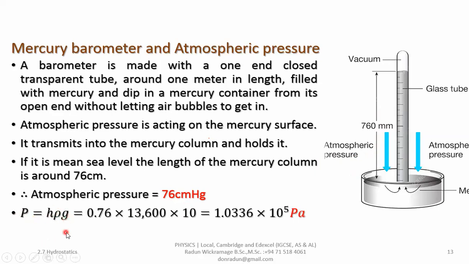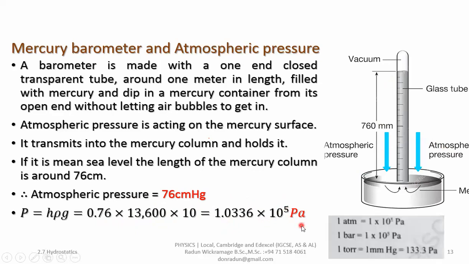We can calculate the pressure with the help of our equation, P = hρg. The height can be taken in meters as 0.76, the density of mercury as 13,600, and the gravitational acceleration as g. It will sum up to a pressure of 1 into 10 to the power 5 pascals. So 1 atm is equal to 1 into 10 to the power 5 pascals. 1 bar is the same.